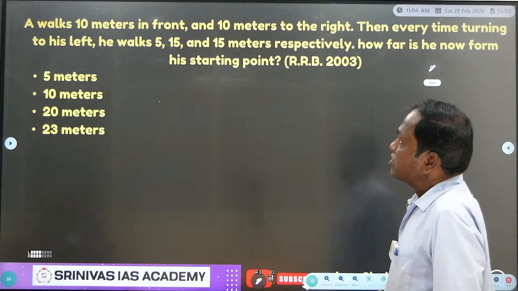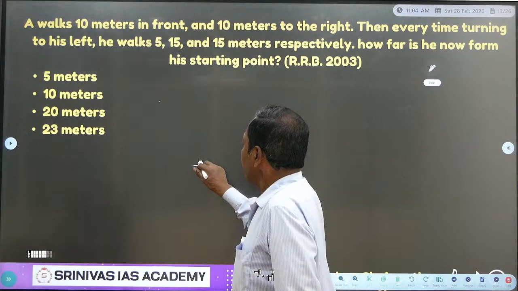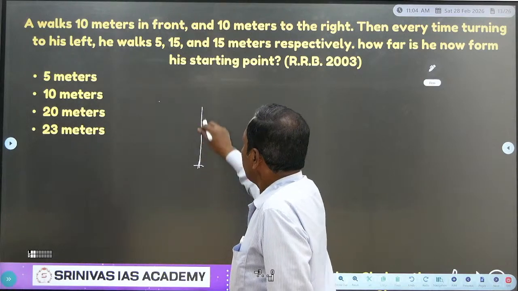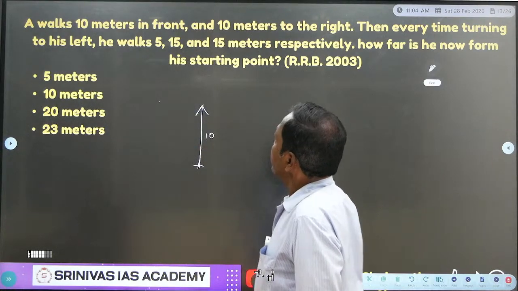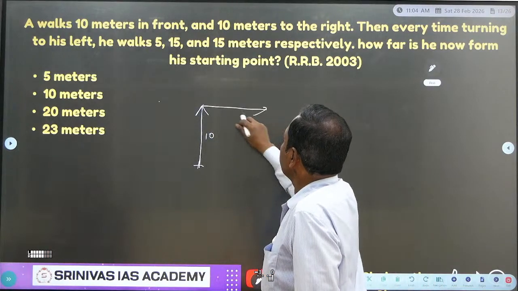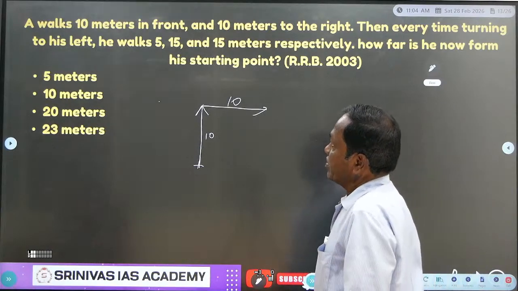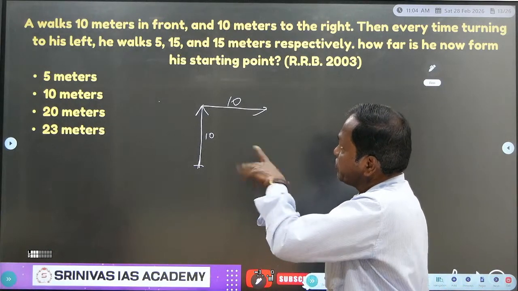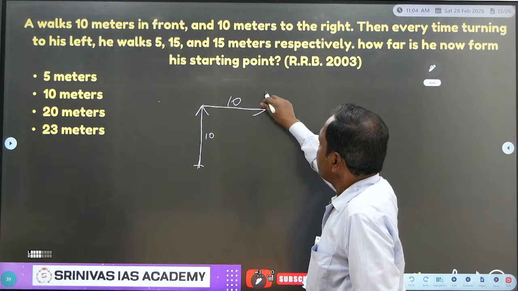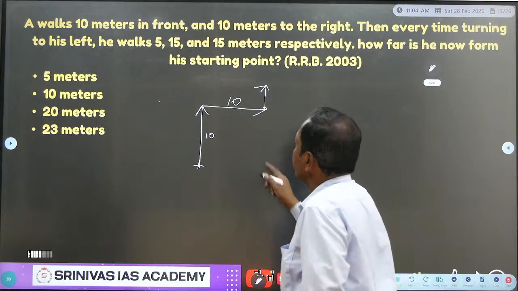Now, A walks 10 meters in front. Front means in any direction you can take. I will take north. Then walks 10 meters to the right, then every time turning to his left. 5, 15 and 15. Left means this is 5, again a left, 15 and 15.